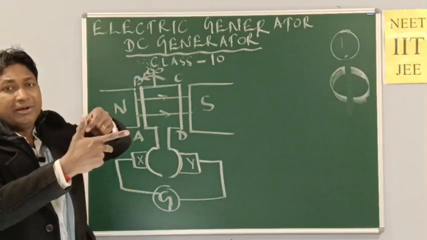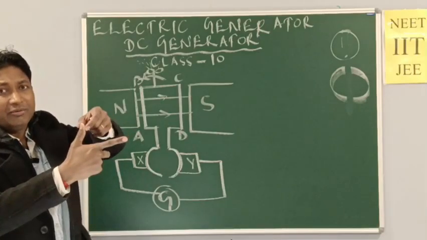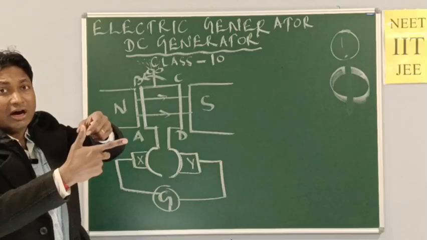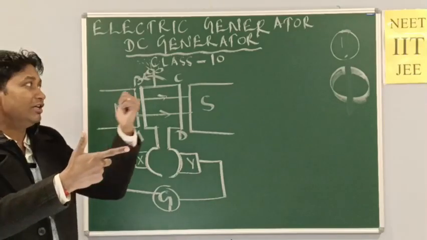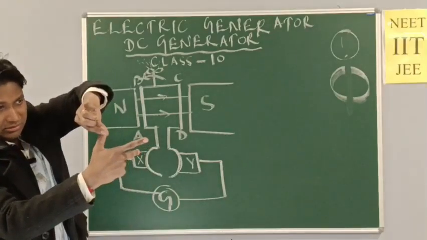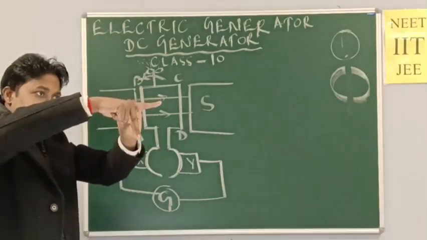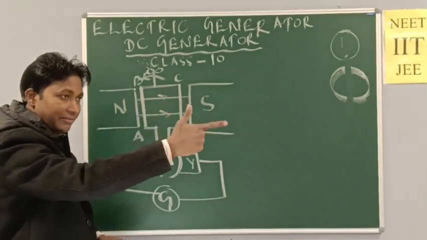This thumb is AB. Now this is AB, the arm AB. Arm AB goes inside. Then we should make it like this. This is Fleming's right hand rule.